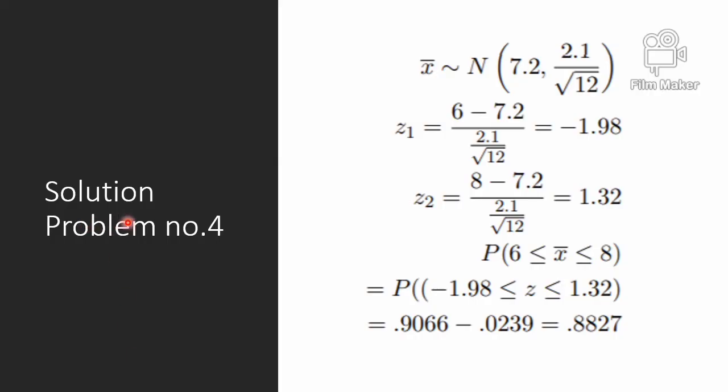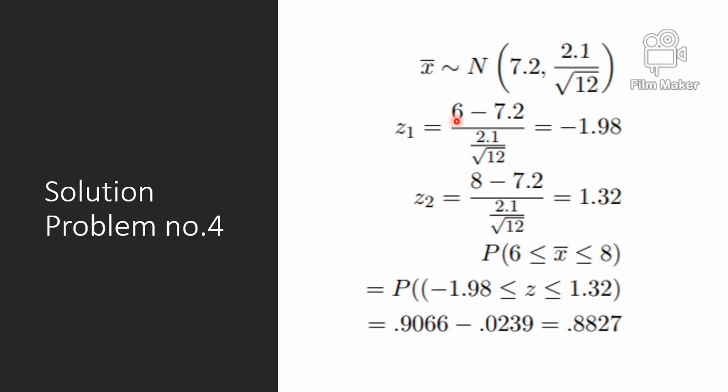This is the solution for this problem. Take note, the average mean in the normal distribution is 7.2 and the standard deviation is 2.1, with randomly selected n of 12. First, we need the formula for the z-score.